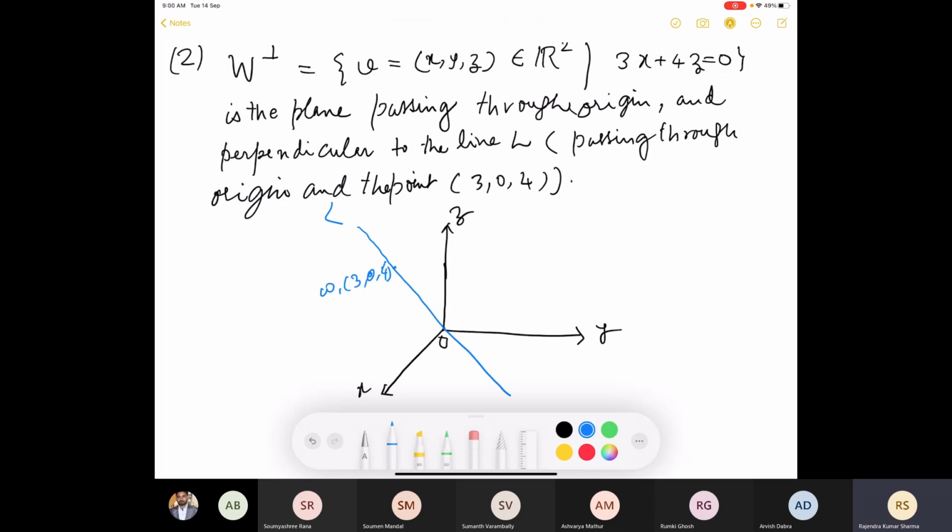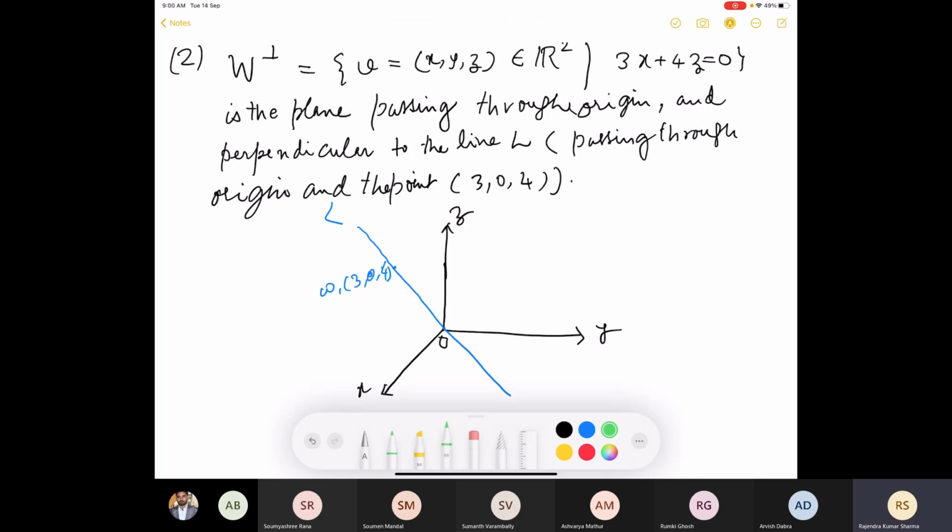And now you can see what this plane is. So this is your W, the line, and the plane that passes through the origin and is normal to this line L. That means the normal and the line will be parallel, so they will have the same direction ratios.